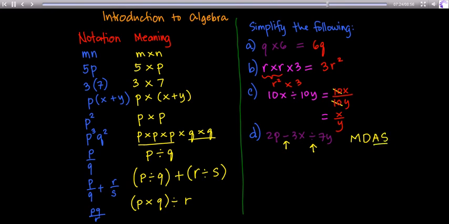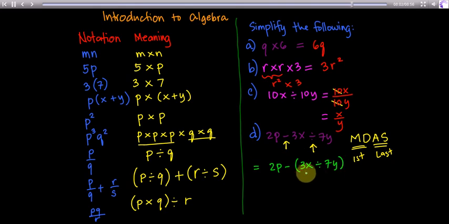So we perform addition or subtraction last, and we have to do multiplication or division first. Here we could rewrite it as 2p minus, and put 3x divided by 7y inside parentheses, meaning this will be performed first.